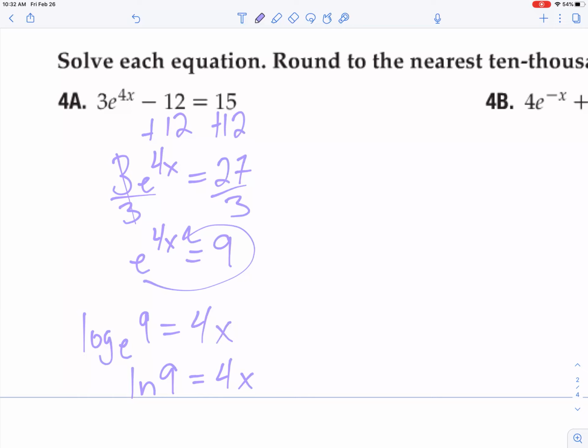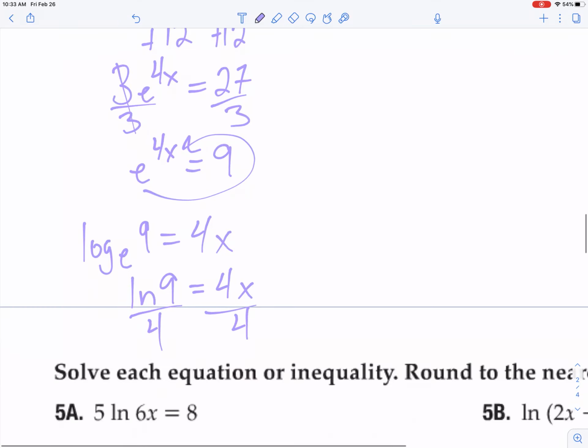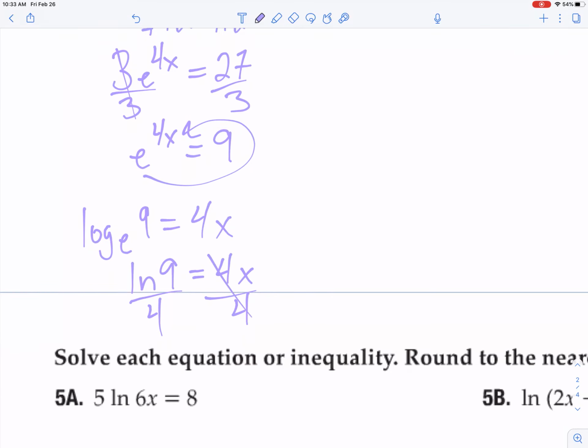Then if you hit 9, you should get 2.19722, etc. That's not your answer because you don't have x by itself. But I know the next thing I need to do is divide by 4, so from the calculator screen where it still has that 2.19, I'm just going to go ahead and hit divide 4. So my screen says ANS divided by 4.